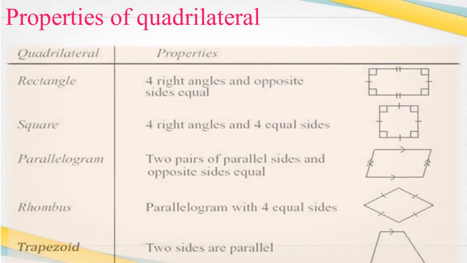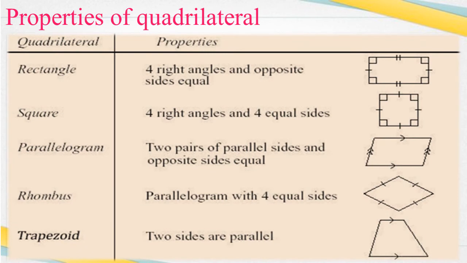Properties of quadrilaterals. Rectangle: four right angles and opposite sides equal. So look at this picture. We have four right angles and two pairs of opposite sides, that means opposite sides are equal. Then square: four right angles and four equal sides.